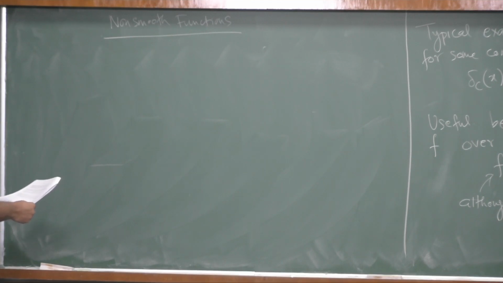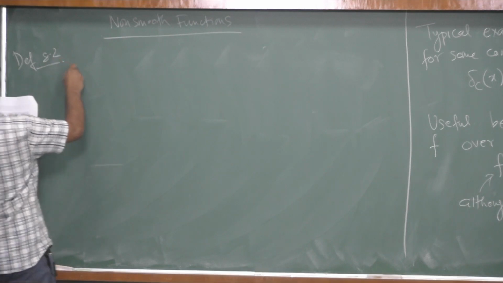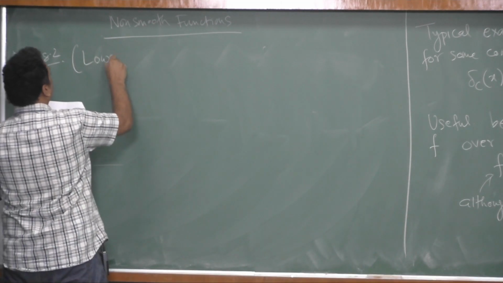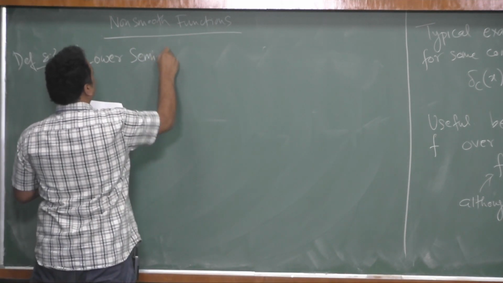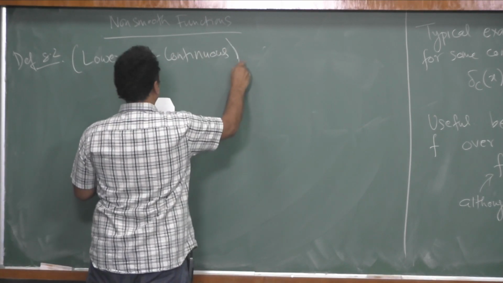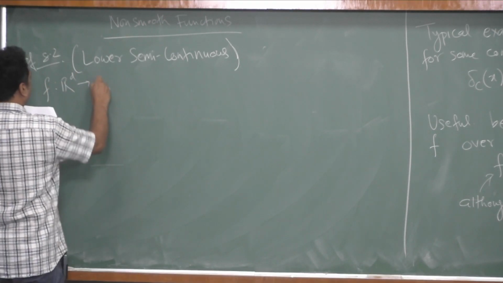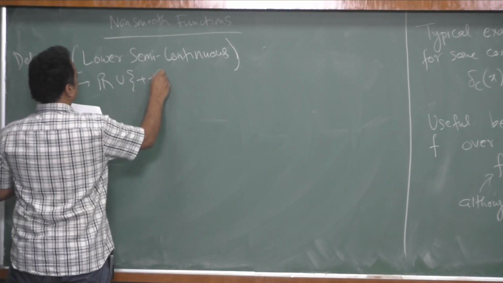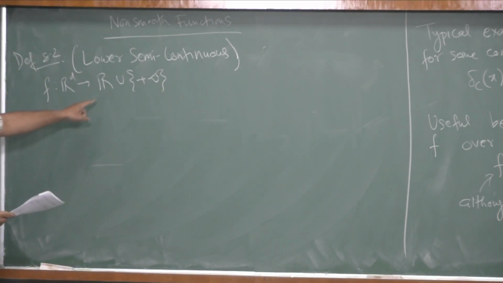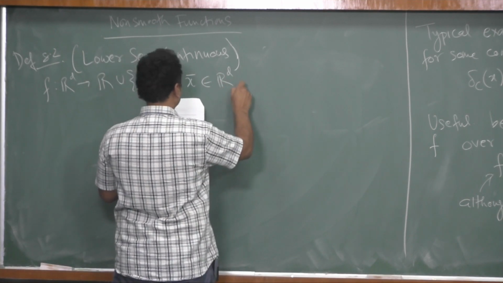Now I can recall the lower semi-continuity as well. So this is definition 8.2. So a function f from R^d to R, so here we are also looking at the extended real-valued setting, so we are adding plus infinity as well, and x bar in R^d.